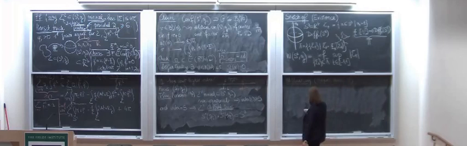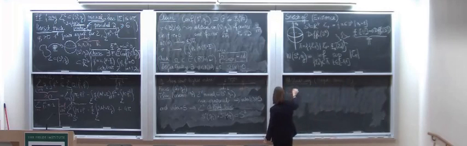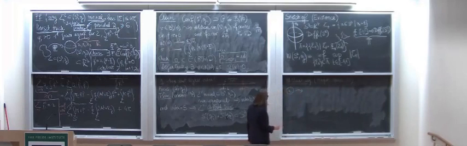So the Willmore conjecture basically asks what are the minimizers for the elastic energy of a torus in R3.